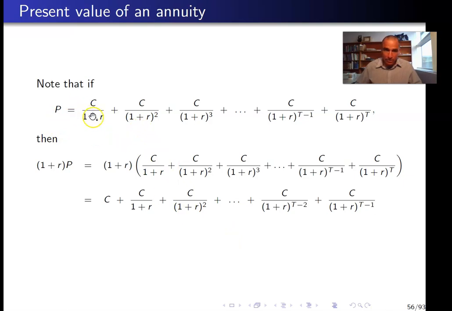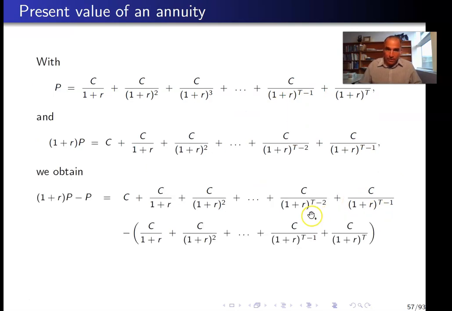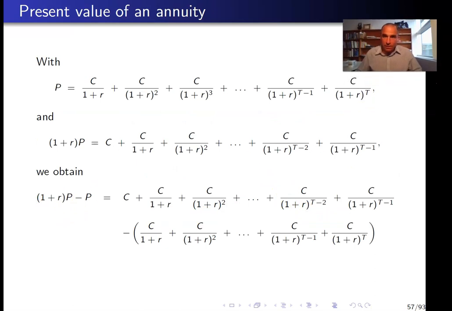They both include C over 1 plus r, C over (1 plus r) to the power 2, C divided by (1 plus r) to the power 3, and up to C divided by (1 plus r) to the power t minus 1. Which means that if I take (1 plus r) times P and I subtract P, a whole bunch of terms will disappear.